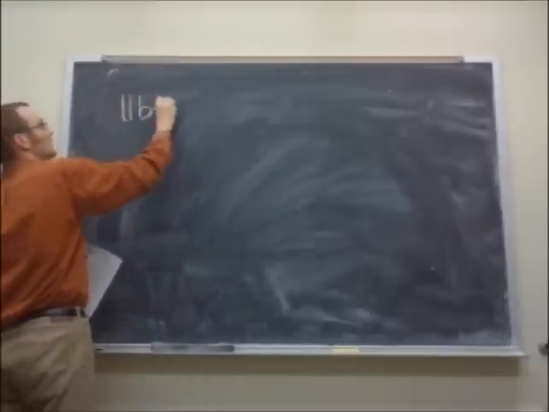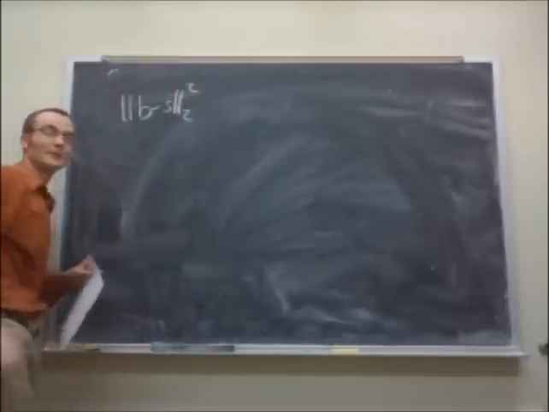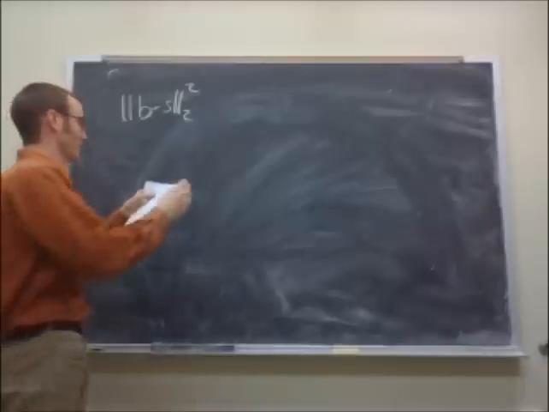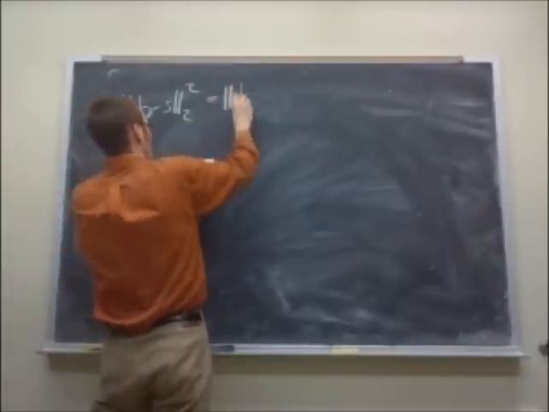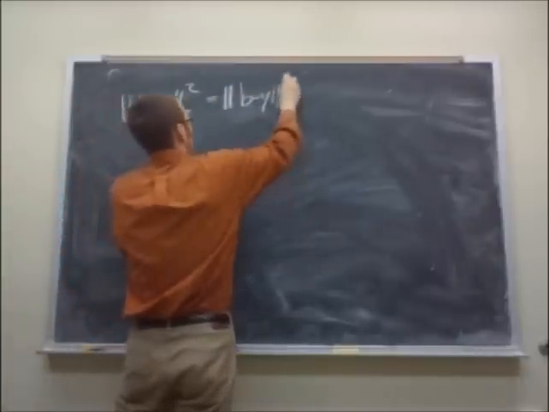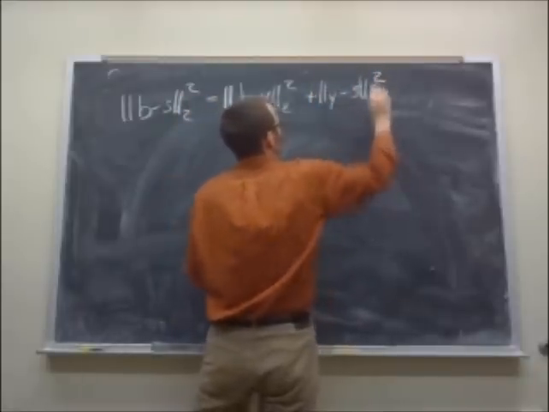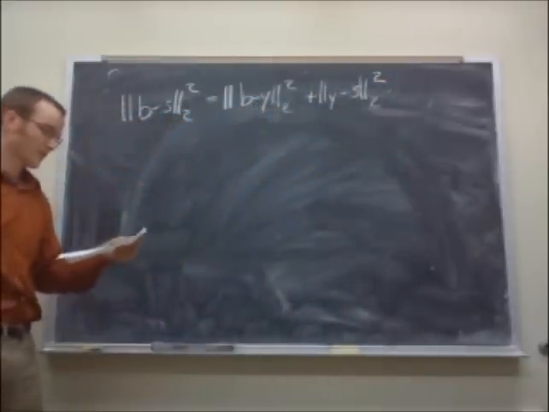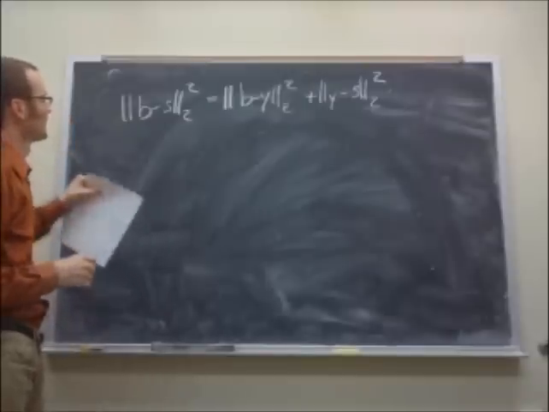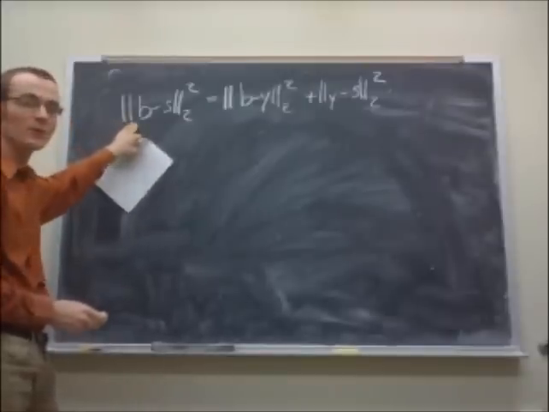By the Pythagorean theorem, we have b minus s, remember we split it up, and so this is going to be equal to the 2-norm of b minus y squared plus the 2-norm of y minus s squared. So this is what we want to minimize, right?